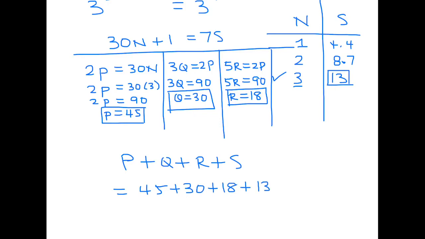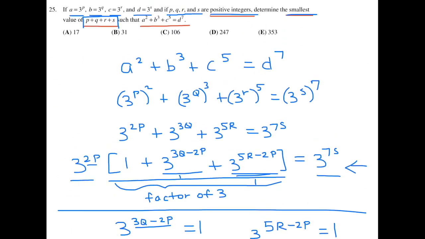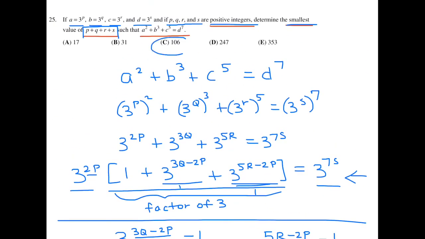And I purposely chose the smallest value of s. I didn't keep going here, 4, 5, 6, because that's what they want. They want the smallest value of this. So this totals 106. So let's go back and see if 106 is one of the answer choices. And it is. It's choice C. So the answer to number 25 is C.